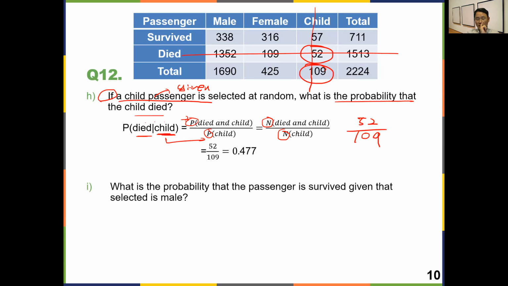This is, again, another conditional probability question, but this is the more traditional format. So again, let me give a little bit of time. Try right now.